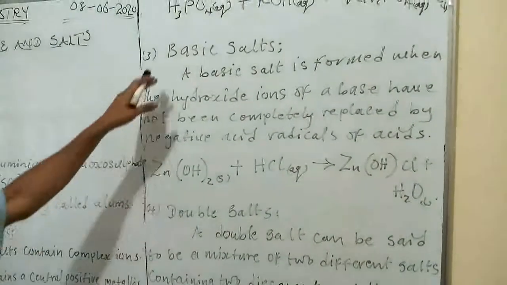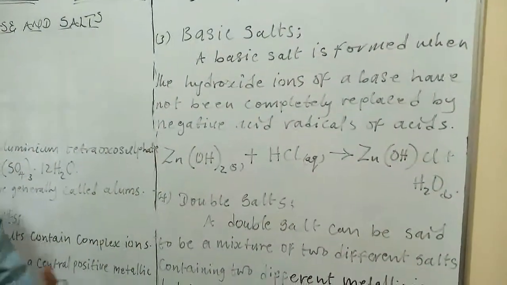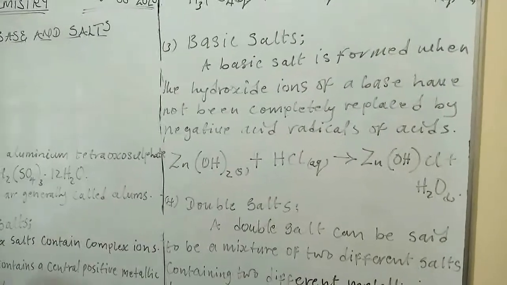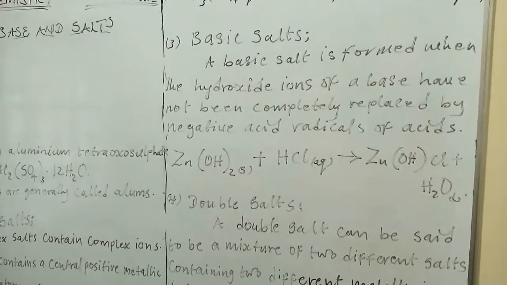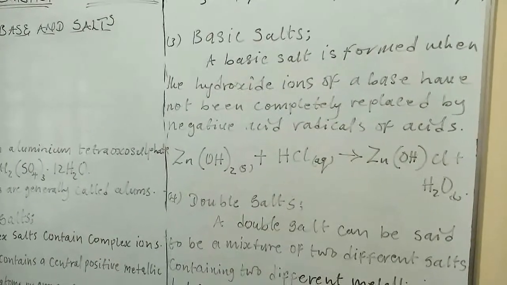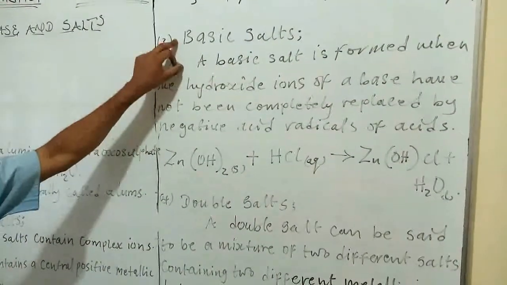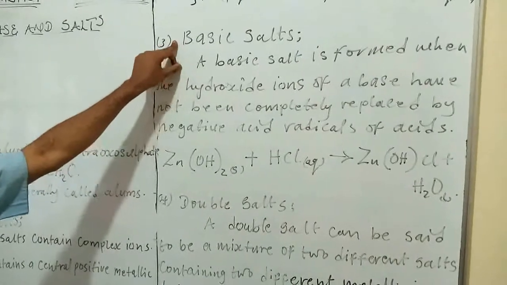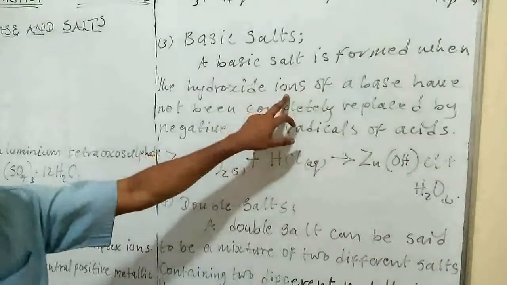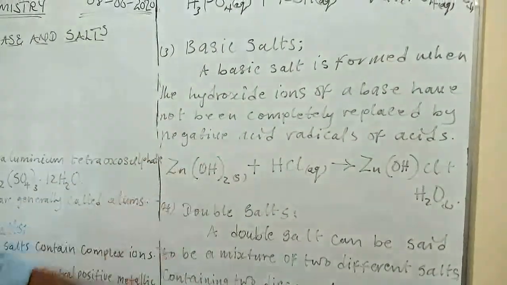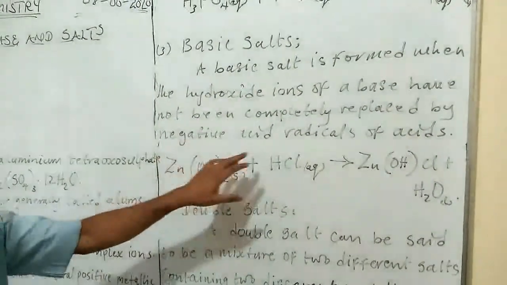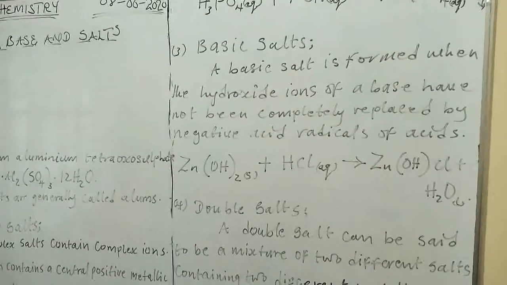And when we are defining a base, we said bases are oxides of metals or hydroxides of metals. That's why if we are to define a basic salt, we said it is a salt formed when the hydroxide ions of a base have not been completely replaced by negative acid radicals of the acids.